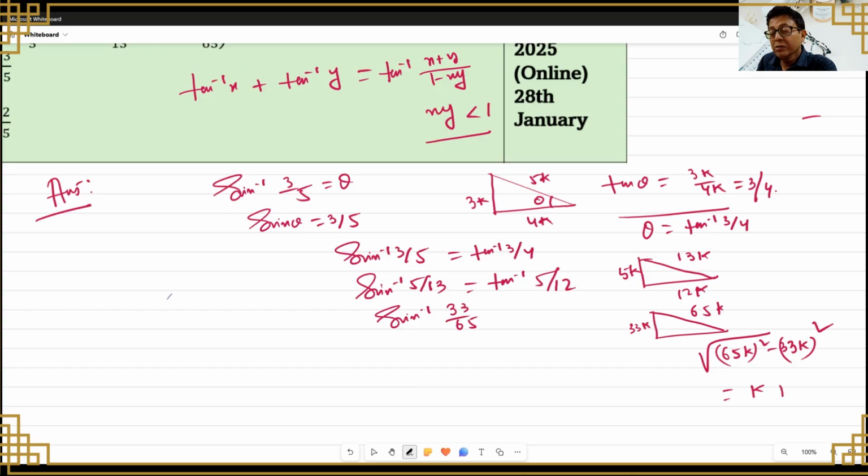So k will be outside, 98 into 32. So k into 49, 64, that is 56k. Okay, so this is changed to tan inverse 33 by 56.